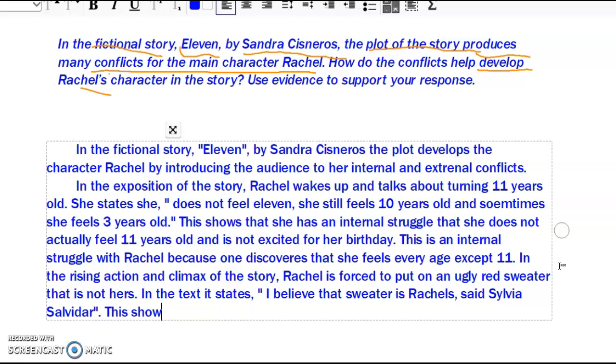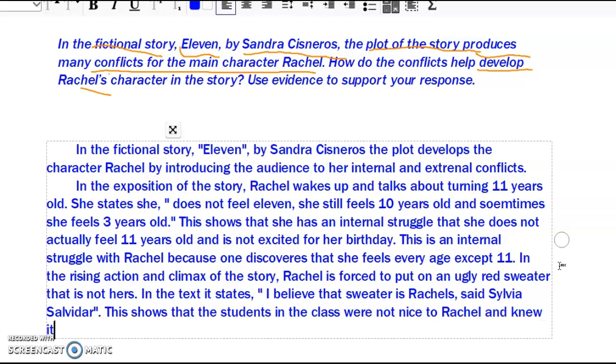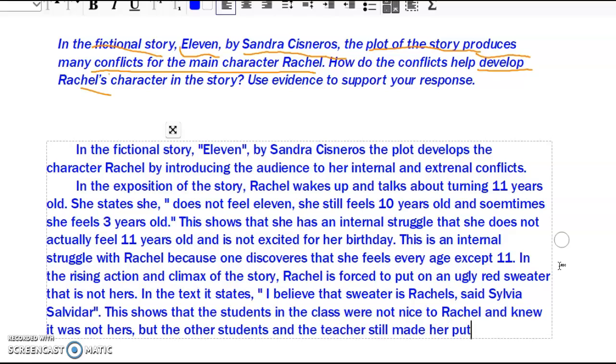This shows that the students in the class were not nice to Rachel and knew it was not hers, but the other students and the teacher still made her put it on. We explained it. So now we need to relate it back to the prompt.